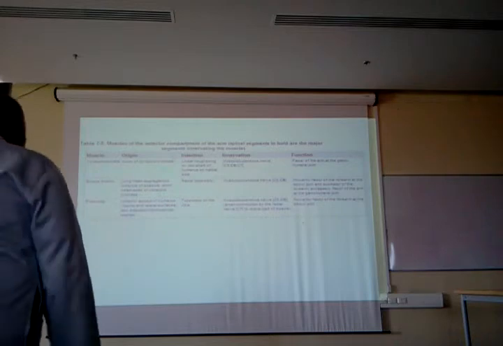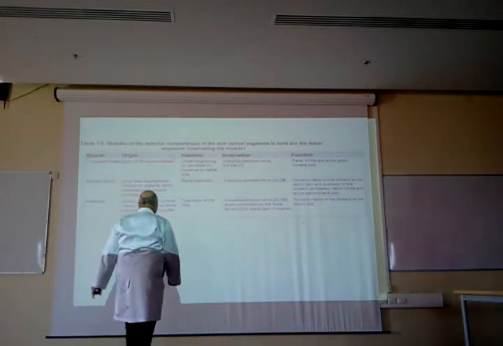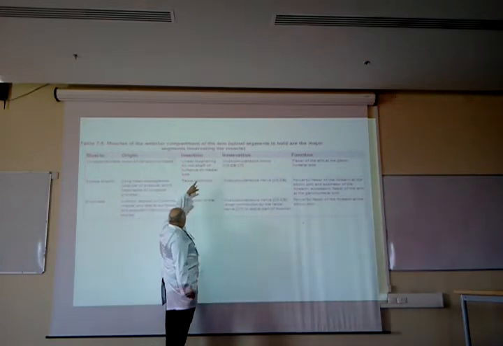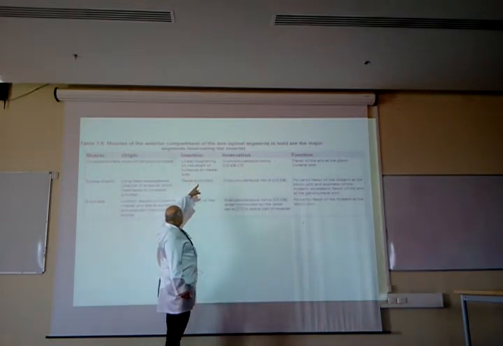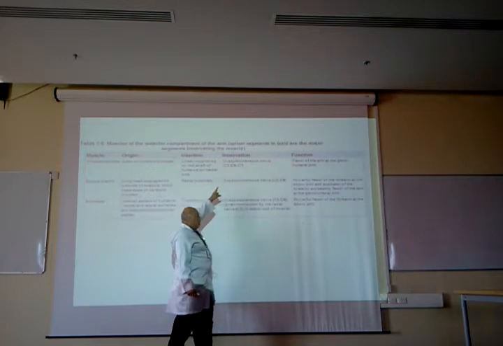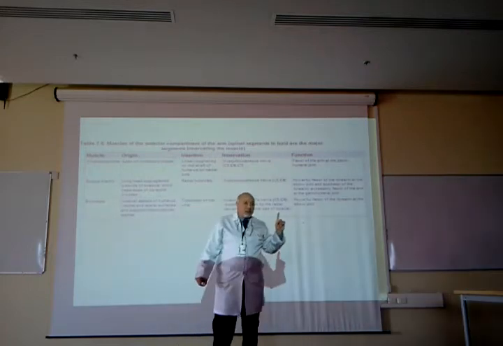This is the origin, apex of the coracoid process. And the insertion is on the mid shaft of the humerus, on the medial border, near a rough area in the middle of the shaft of the humerus. And the nerve supply is the musculocutaneous nerve.